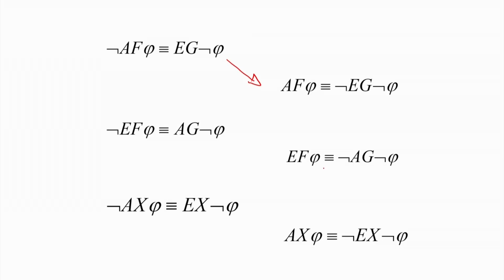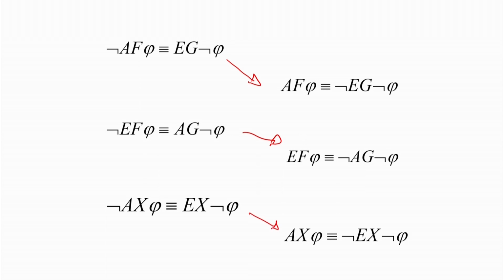Similarly, the other two equivalences also come from these two. Not of E F phi is equivalent to A G not of phi. From here we can derive this equivalence by taking the negation on both sides. So, E F phi will be equivalent to not of A G not of phi, and the third one, not of A X phi is equivalent to E X not of phi.